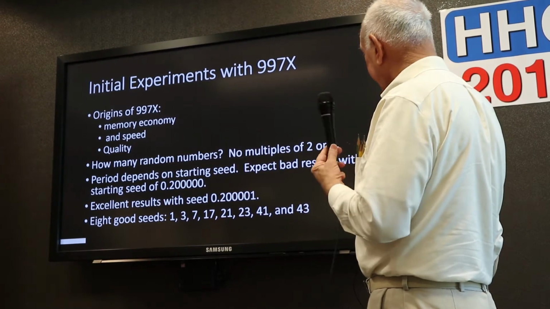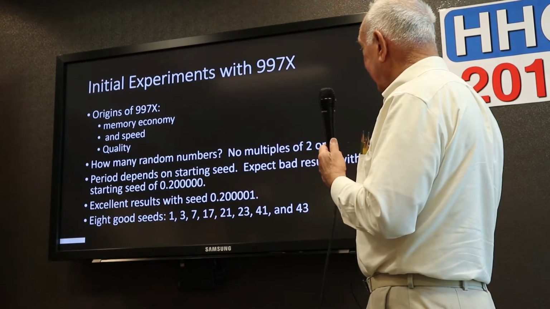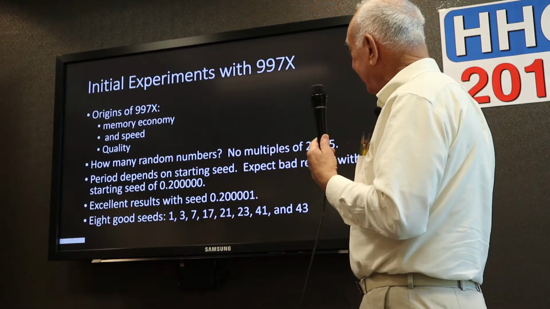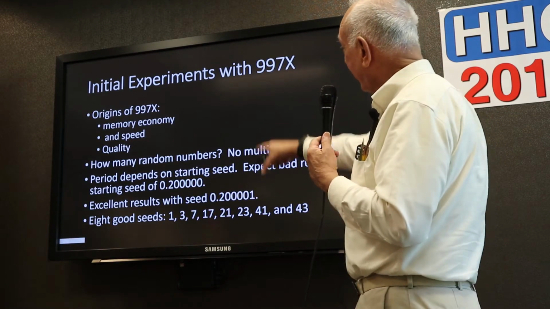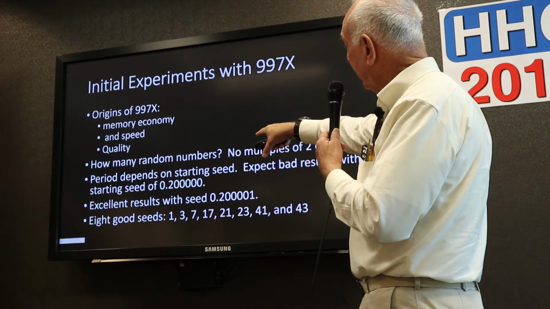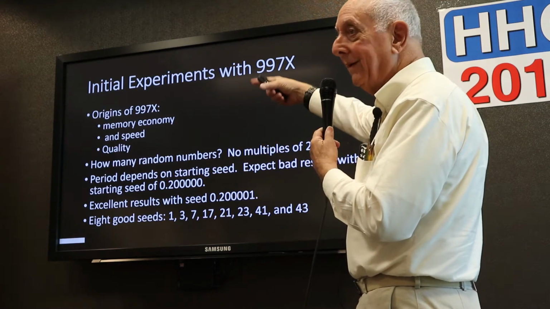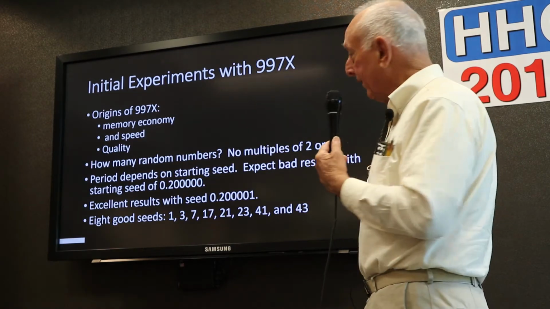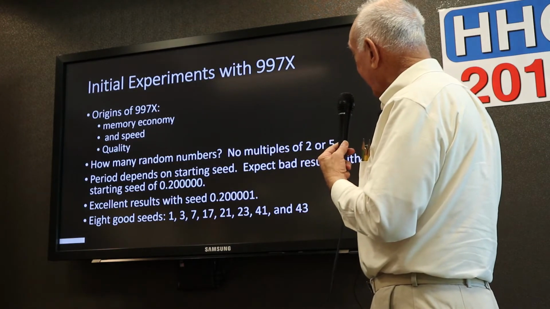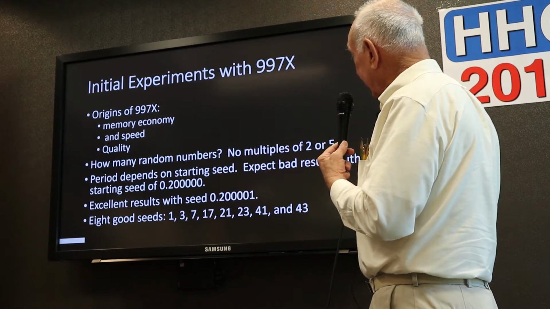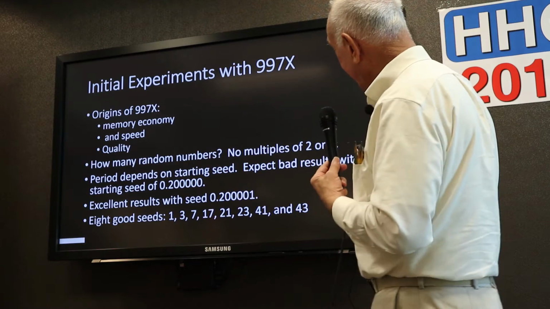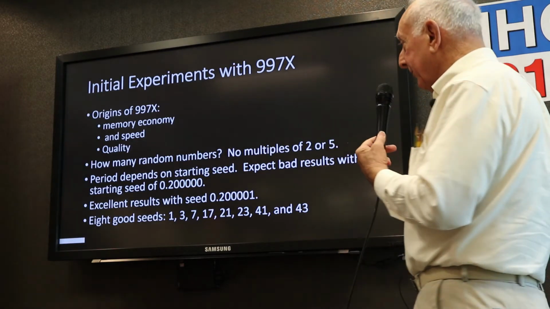And so you get terrible results with a starting seed of 0.2, because you can figure it out. It'll go 0.2, 0.4, etc. And you'll go into a cycle of 4. But if you start with 2.0001, you can get good results.